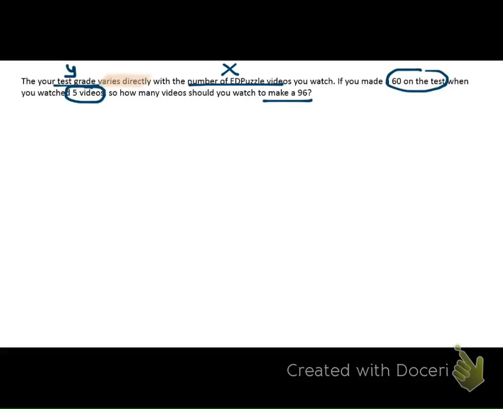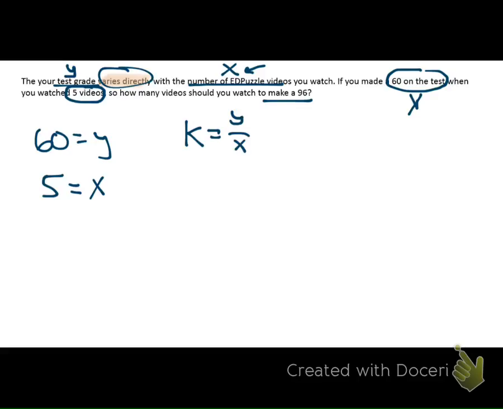So, looking here, I know my grade is going to be y, so that 60 is going to be my y. So I'm going to mark that over here. 60 is y, and then my videos were x, so 5 is going to be my x. Now I can say, wait a second, it varies directly. That means I have a k, which I always find with y divided by x.